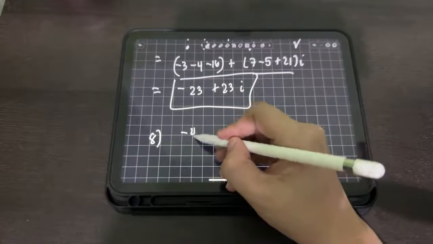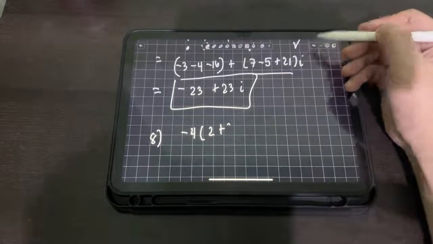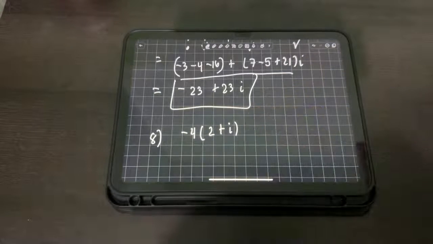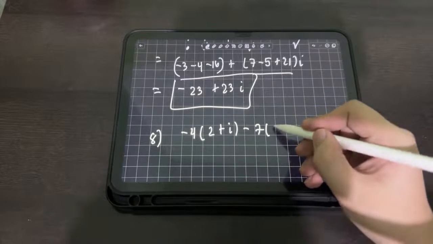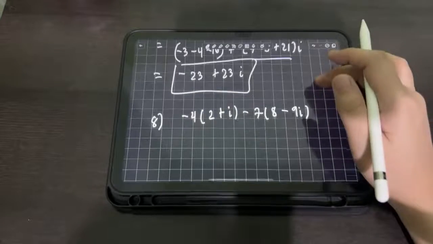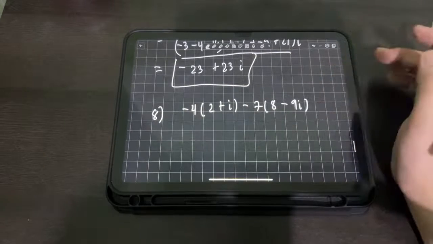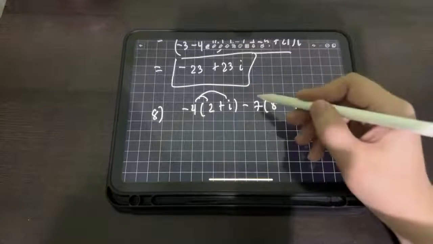What if -4 times (2 plus i) minus 7 times (8 minus 9i)? So, distribute first the constants, right?